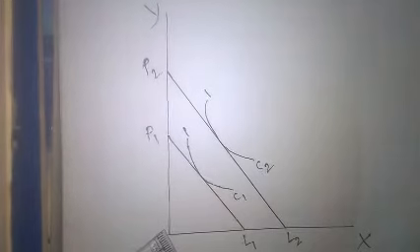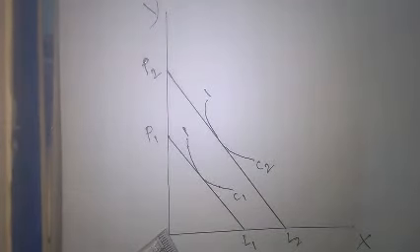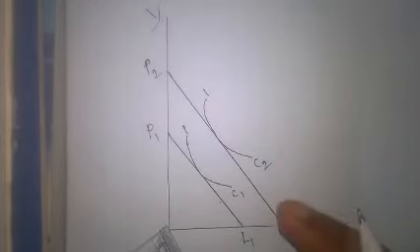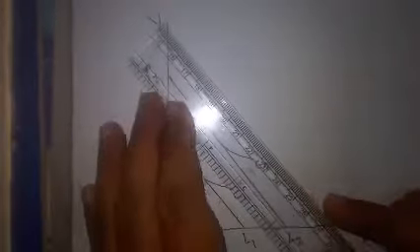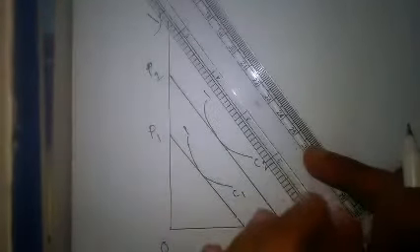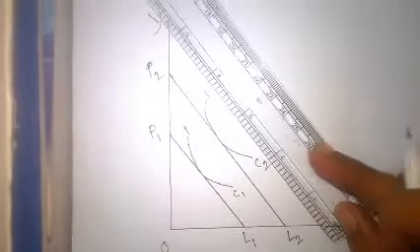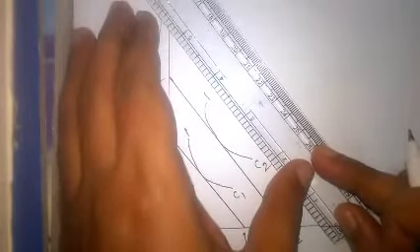Now suppose the consumer's income level has increased again. So what happens then? He will have a new budget line, right? Okay, so draw this. The consumer's income has just increased again, which means he will have a new budget line. So let's draw a parallel line here.